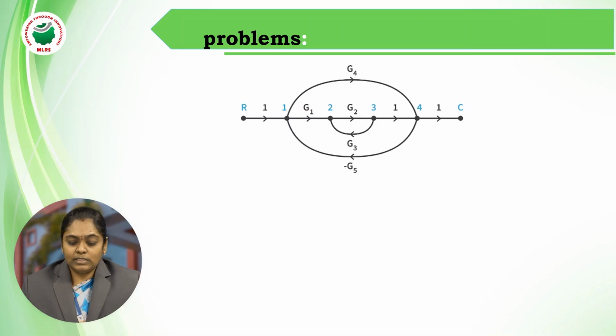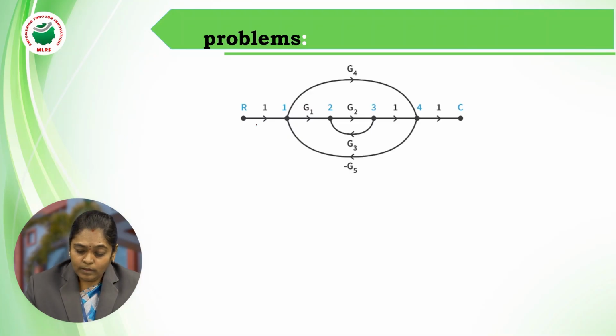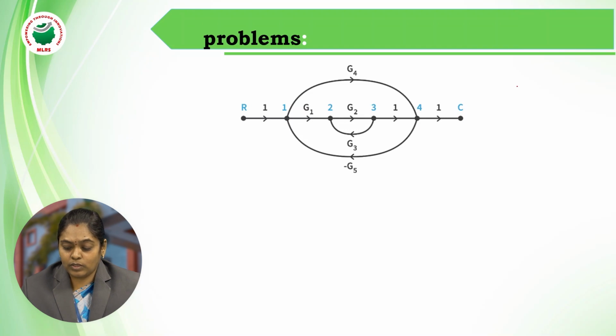Now, I'll generalize this. If you observe here, it consists of nodes. R is the input node, C is the output node. And leaving this input and output node, I am having the numbers 1, 2, 3, 4. So the total number of nodes is 6.